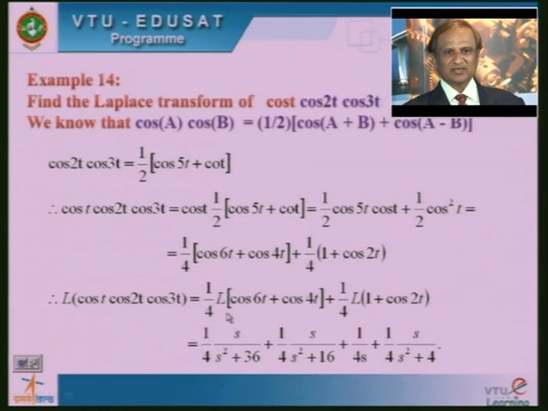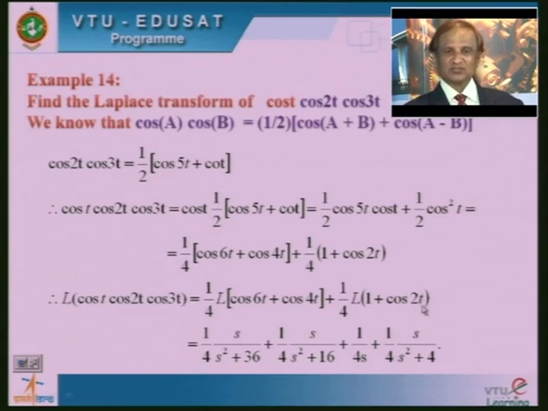So finally you can apply L on cos 6t. Cos 6t means s divided by s square plus 36. You can keep the constant as it is, plus 1 by 4 times of s divided by s square plus 16, right, plus 1 by 4 times of 1 by s, right, plus 1 by 4 is constant.